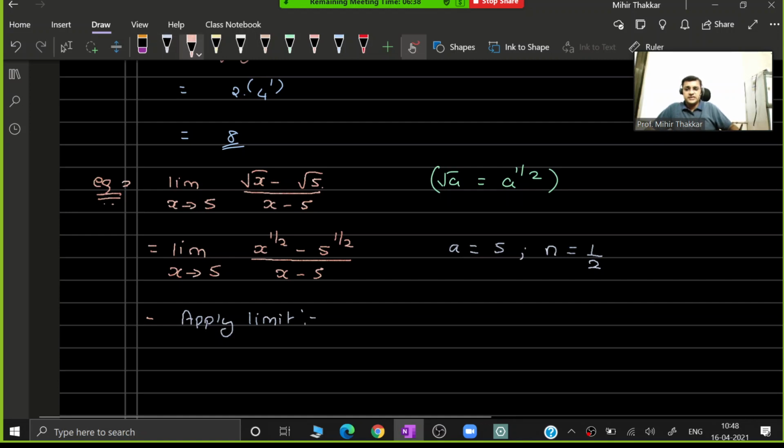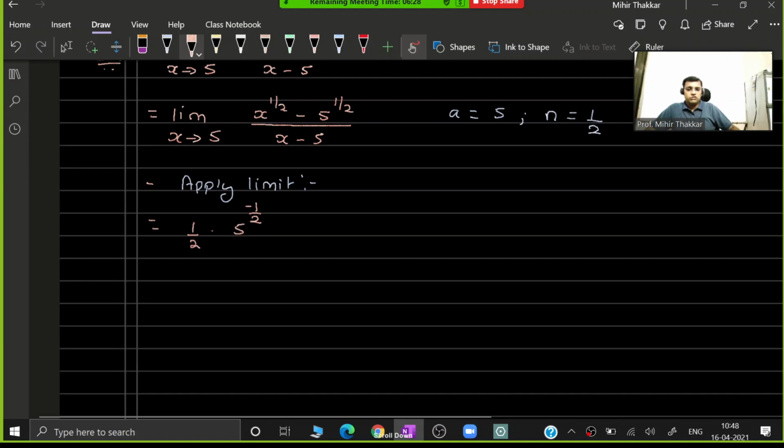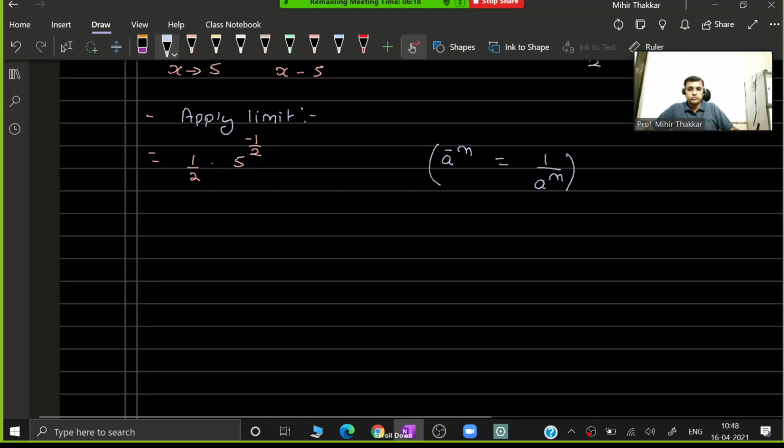It indicates that I am now going to use my formula, which is half into 5 to the power half minus 1, which is minus half. Now when I want to consider the value of 5 raised to minus half, it is a raised to minus m, which can be written as 1 upon a raised to m, the laws of indices that you have already studied in your smaller classes. So here it will become half into 1 upon 5 raised to 1 by 2.